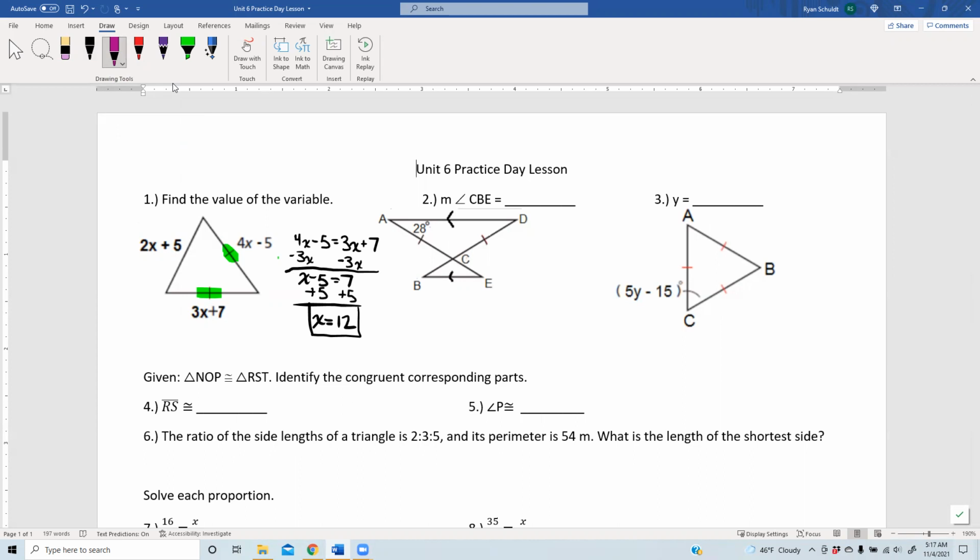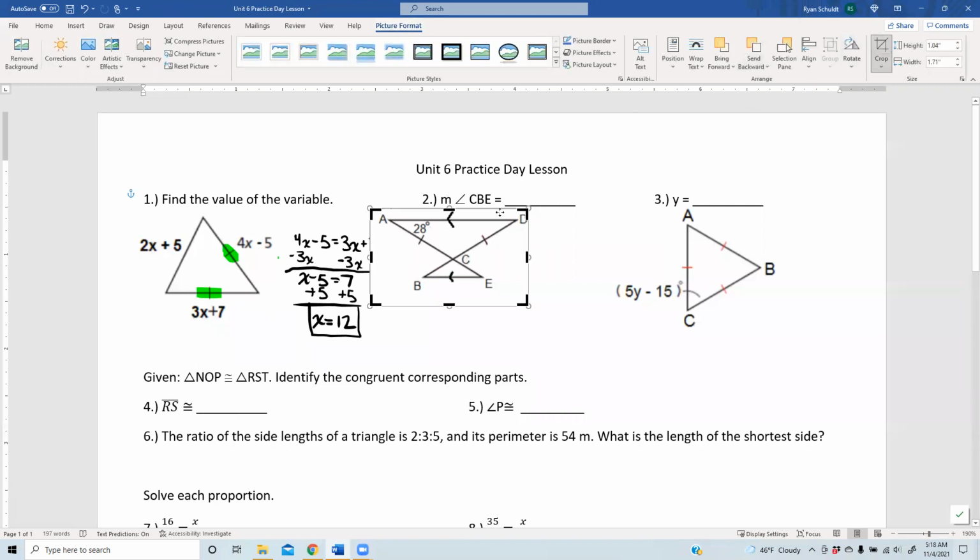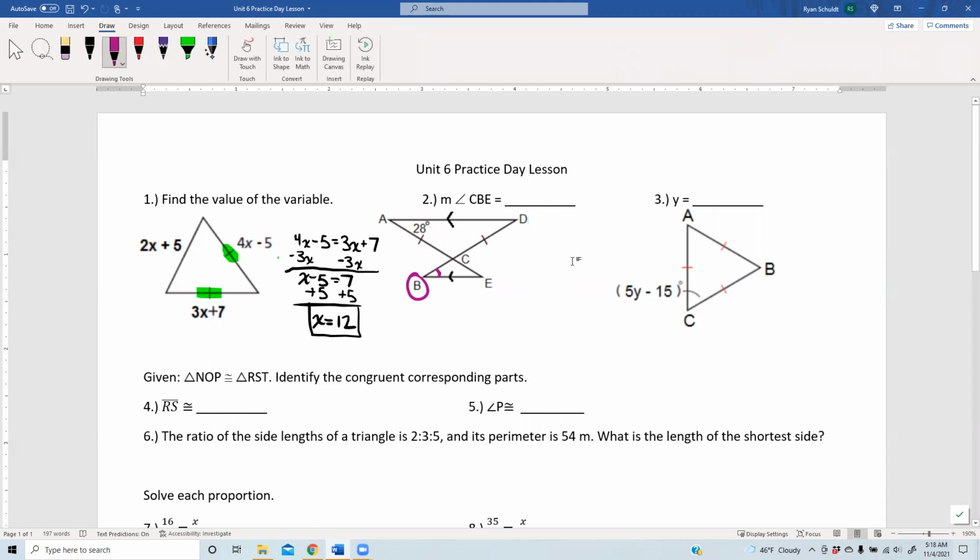So CBE, they must be talking about this angle right here, angle B. Let me do something right quick. There we go.